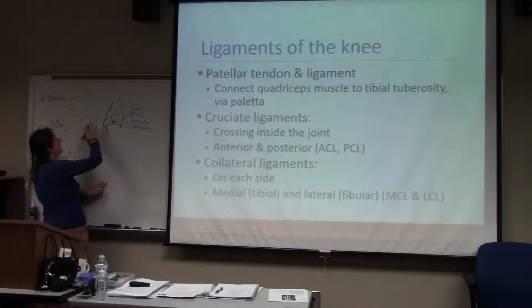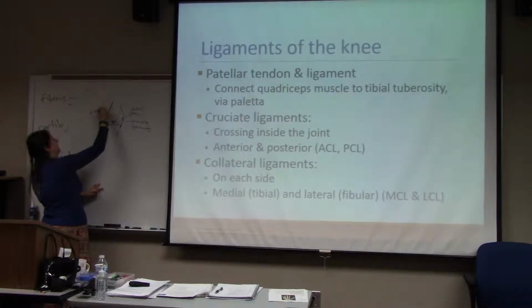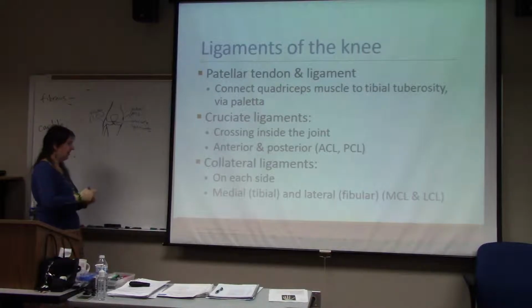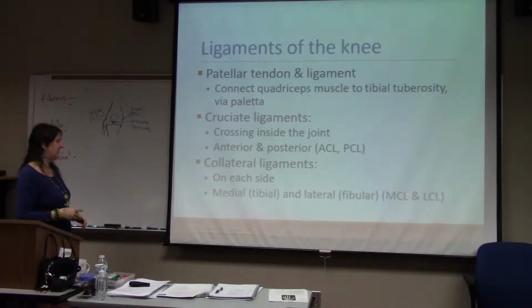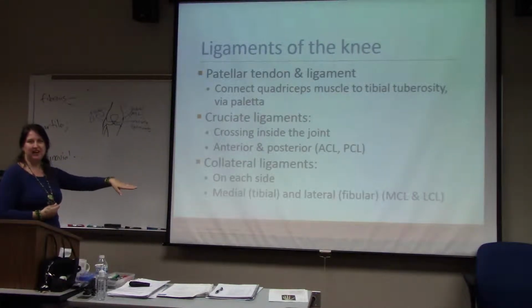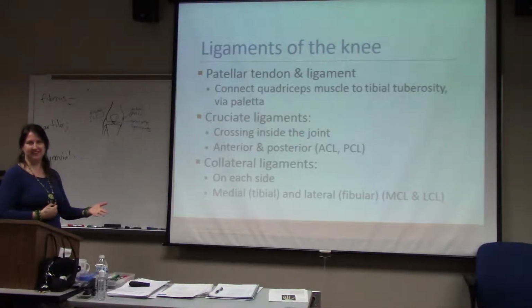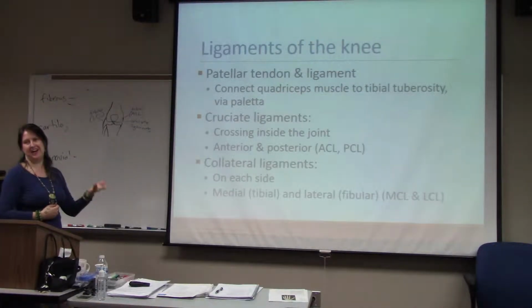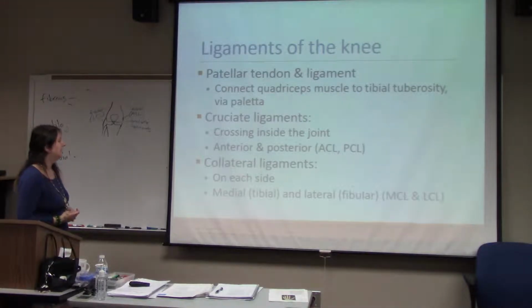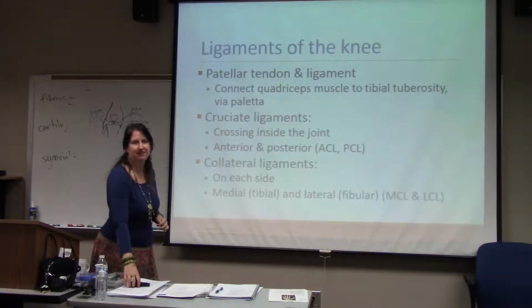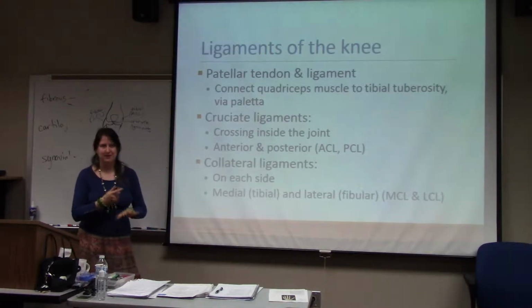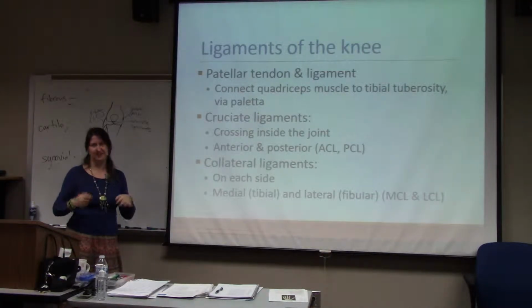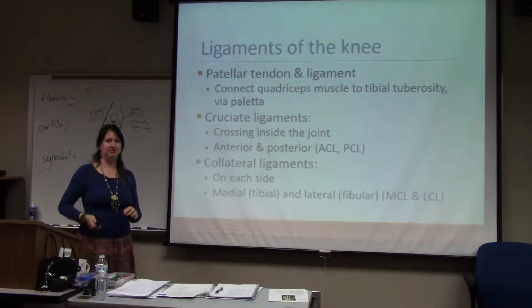Tibia is medial, fibula is lateral. I think usually in abbreviation they still use MCL and LCL rather than TCL and FCL. But it's been a while since I've been to physical therapy and talked about that, so it's possible they're working on shifting it.